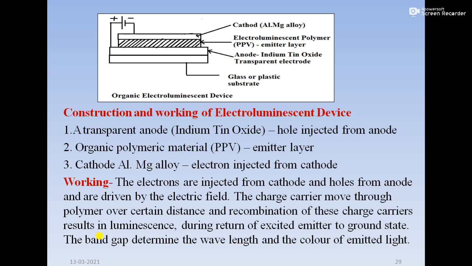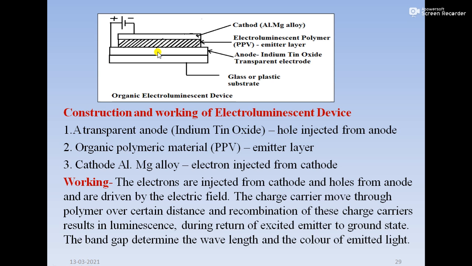So this is the diagram from the bottom. Actually this is the diagram of the LED which you are using at your home. From the bottom, this is the glass or plastic substrate, which is the screen of your LED TV.